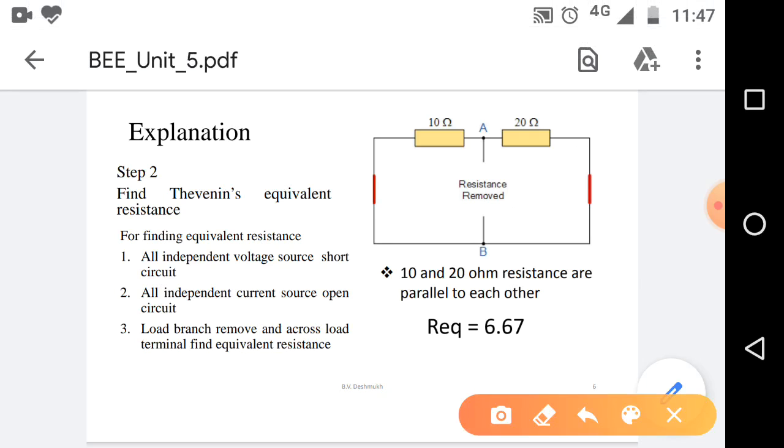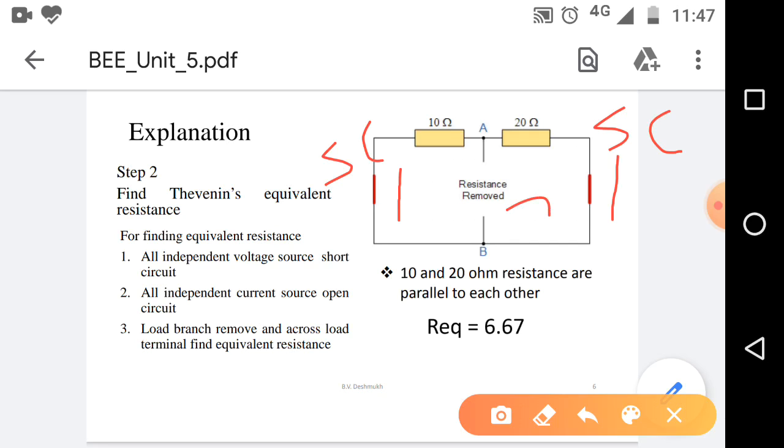Here the 10 volt voltage source is an independent voltage source, so it is short circuited, and the 20 volt voltage source is also an independent voltage source, so it is also short circuited. No current sources are available in the given network, and the load branch is removed. The 40 ohm load resistance is removed.